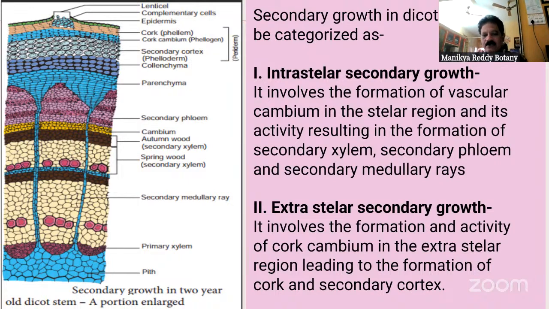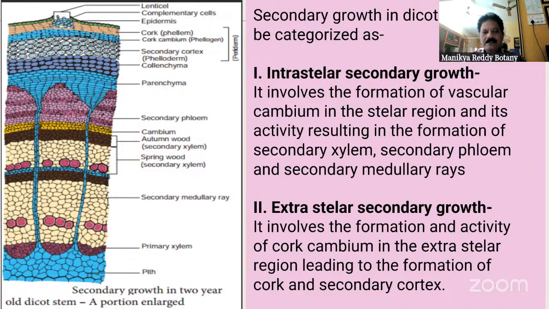This extrastellar secondary growth is initiated by cork cambium. Cork cambium is formed when some of the cells of the outer cortex regain the capacity of division and become meristematic again. Such meristems are called secondary meristems.